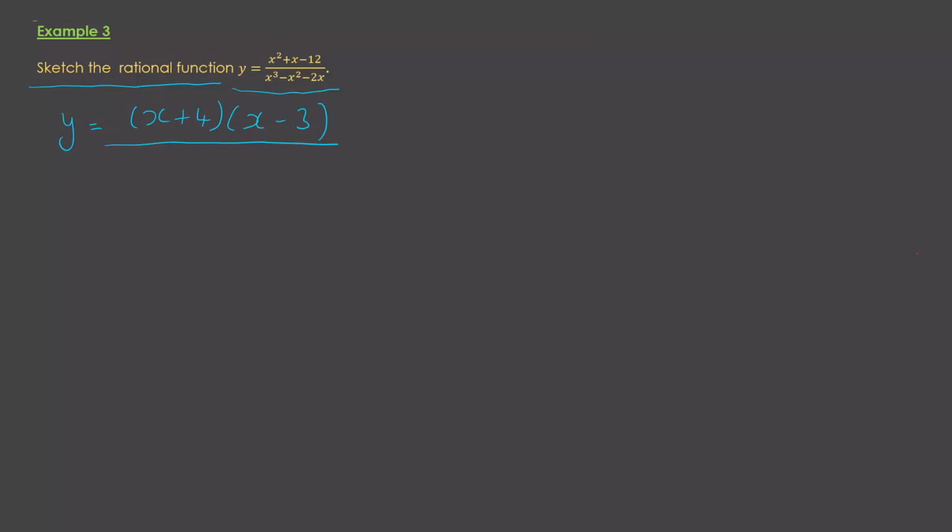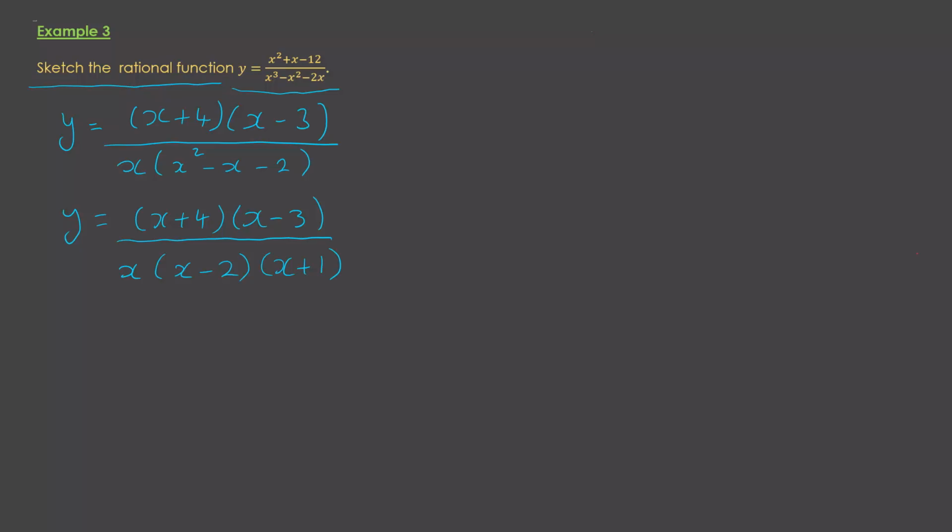And on the bottom, we can take out an x, and then we have x squared minus x minus 2. And so we have x plus 4, x minus 3 over x, x minus 2, x plus 1.